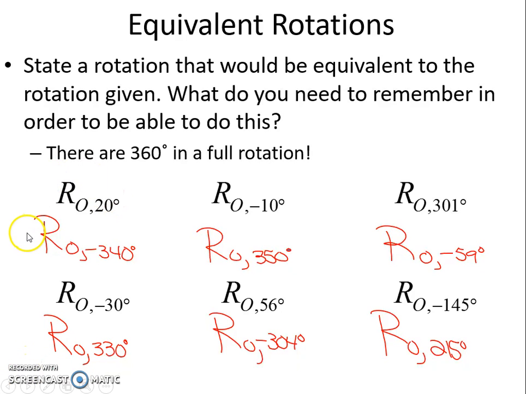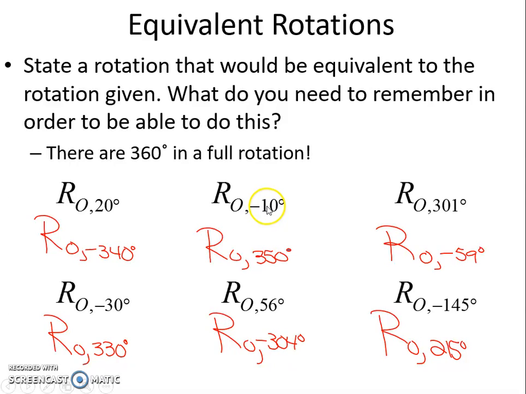If I go counterclockwise 20 degrees, it is the same position as going clockwise negative 340. So basically you do 360 minus 20 to go backwards. If this is positive, you make it negative.